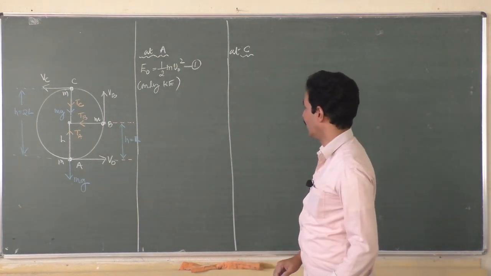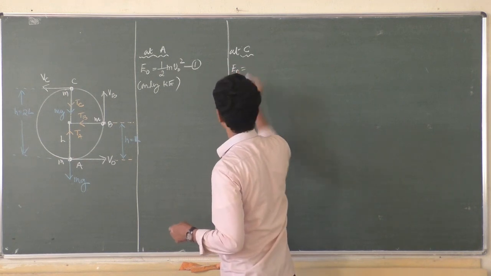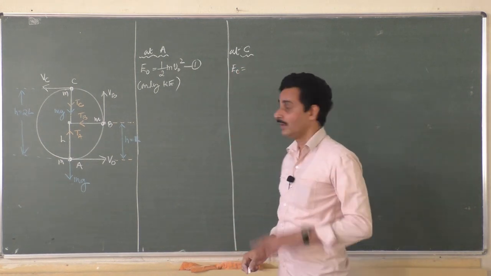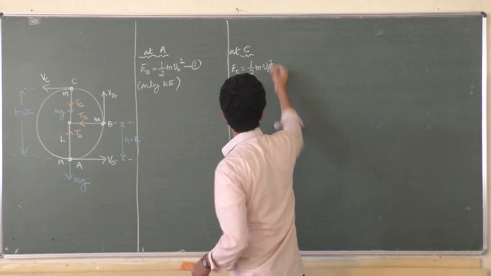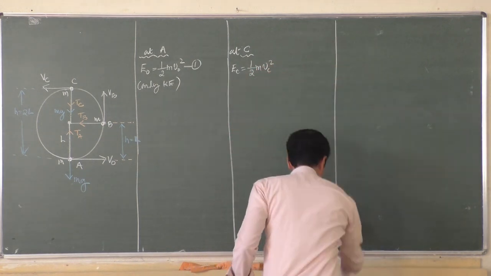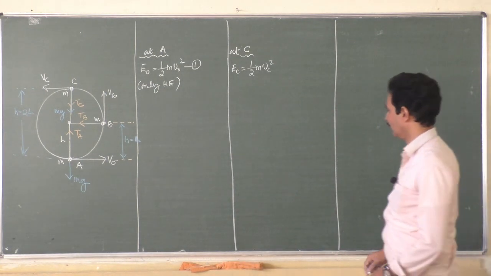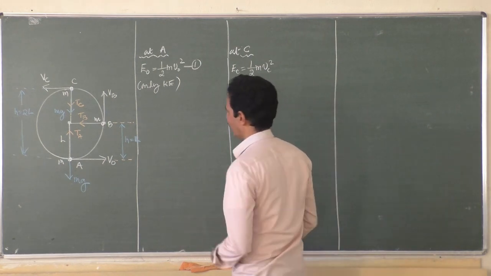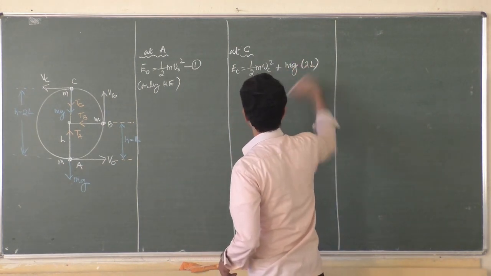What is the total energy at C? Total energy at C is both kinetic as well as potential. Kinetic is half m Vc square, plus mg h. Is it a straight line? Vertical line? It's okay, almost. H is 2L.